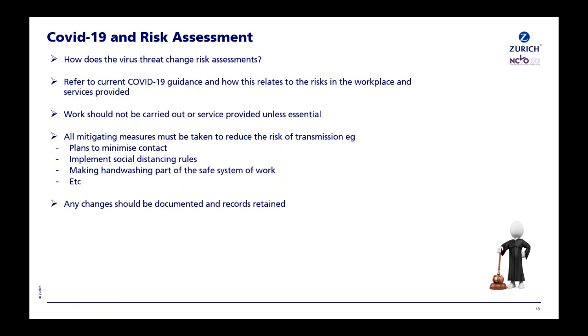So when doing something different, for example, stopping, limiting or altering the service or the way the service is delivered, for example, redeployment of workers or volunteers, it's vital that you provide and document the justification for the decision.